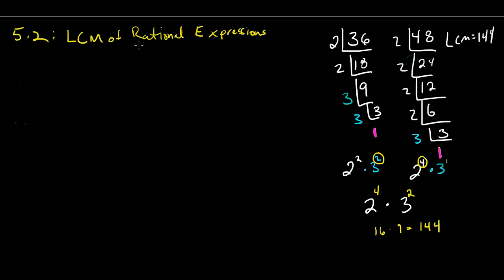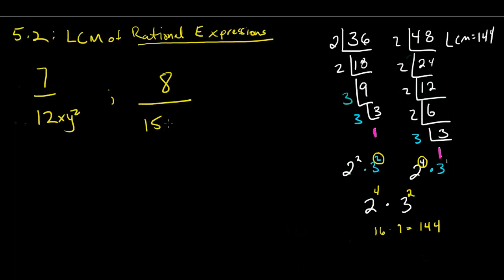Now, I spent a lot of time talking about numbers because when we do rational expressions, it's essentially the same thing. 12xy squared. Let's compare that to a number, 8 over 15x cubed y squared. So in this one, there is a number part and 2 variables. I have an x variable there, and I have a y variable here and here.